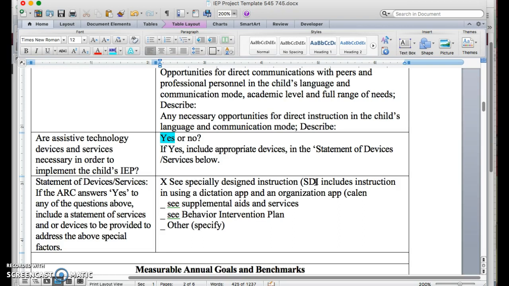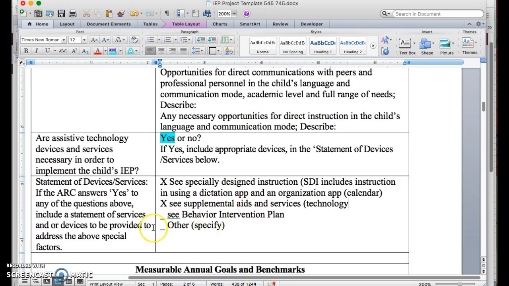And for this student, we're going to focus on using a calendar to help them remember to bring their device to class. We'll say in supplementary aids and services, yes, this student could use technology. And remember that this goes both for the supports that they get within the classroom and also for testing.